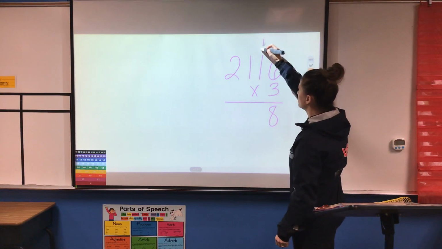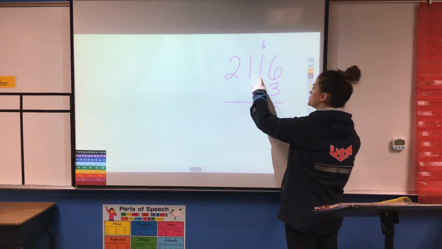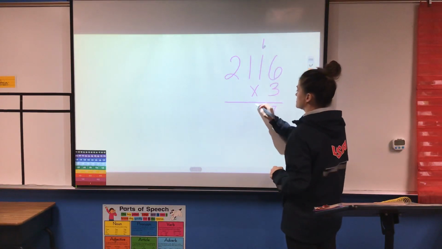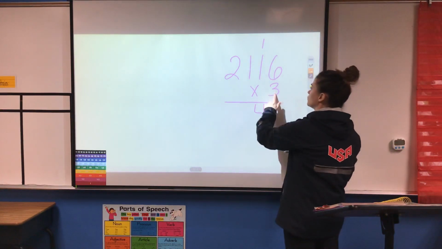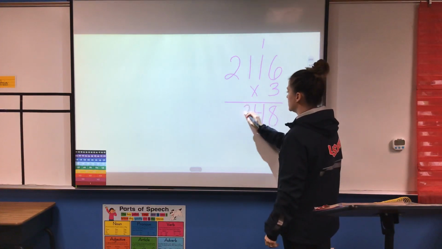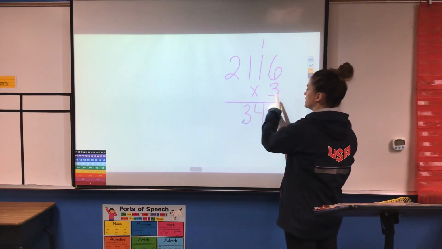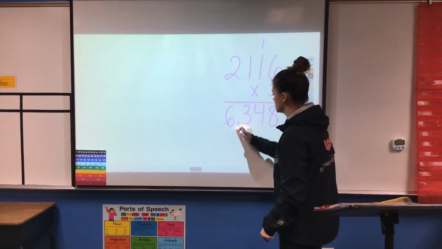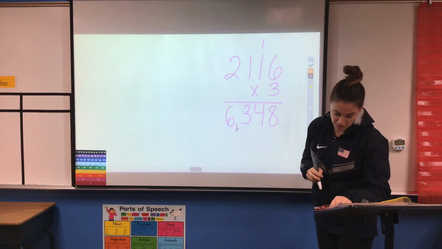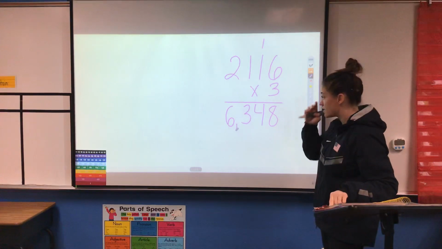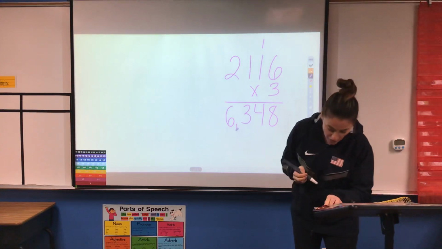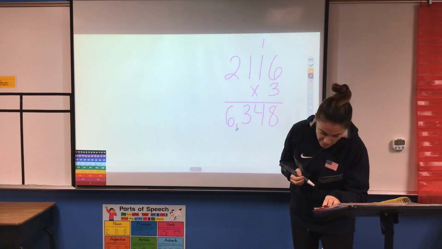And you're going to carry your 1. 3 times 1 is 3, plus the 1 up above, we can't forget it, makes our new answer 4. 3 times 1 is 3. There's no carryover number, so we can just continue. And 3 times 2 is 6. So your answer for number 6 should be 6,348.